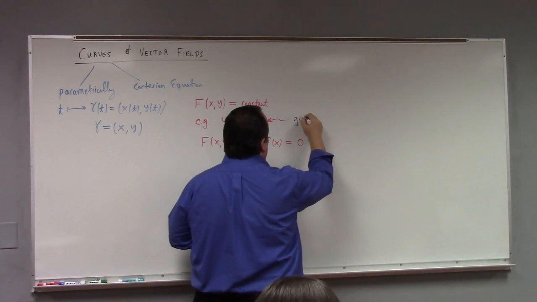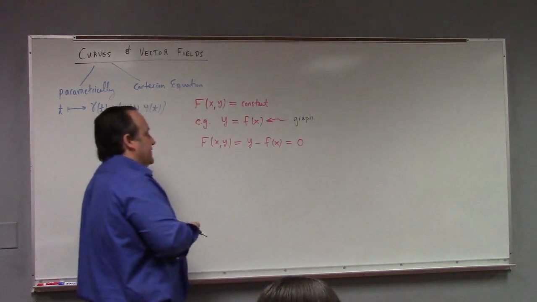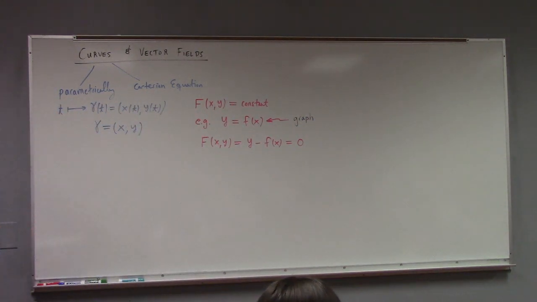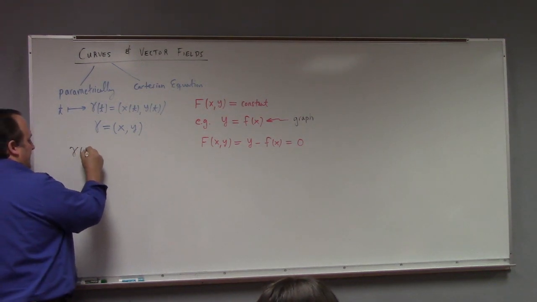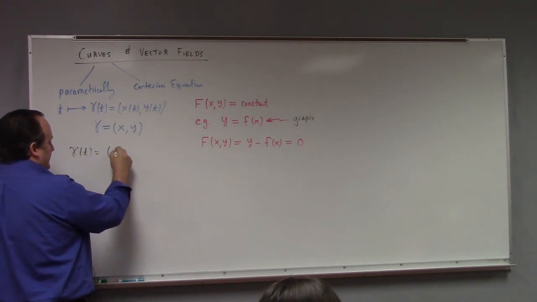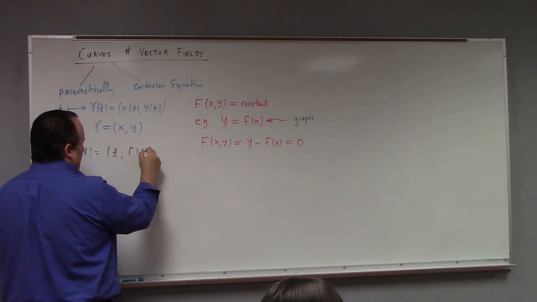So those are special. They have to satisfy the vertical line test, right? The solution set to an equation doesn't have to do that. It could be a circle, an ellipse, something that doesn't satisfy the vertical line test, right? Now, a graph is sort of in a middle ground, because you could easily take a graph and write it parametrically, right? Like I could write gamma of t is, say, t comma f of t.